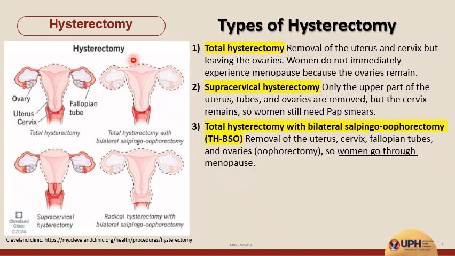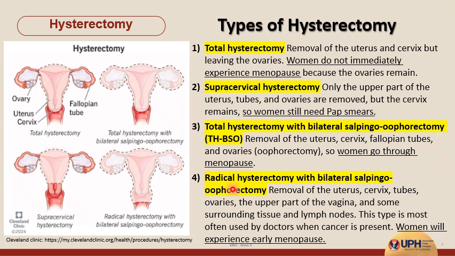And when we remove all these important parts of the woman's reproductive system, obviously the woman will go through menopause. So it's very important for us to know this, so we will be able to explain to our patients what to expect during their healing period.